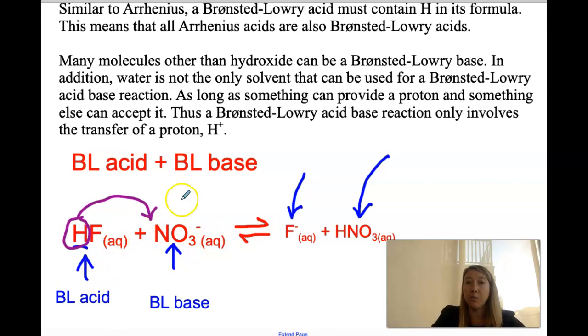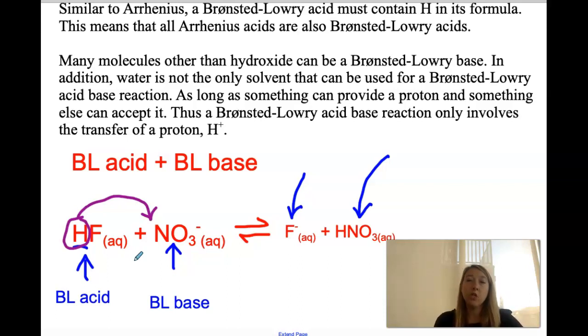How do I decide what to pair it up with? Either I pair the HF with the F, or I pair the HF with the HNO3. According to our definition of a conjugate species, it should relate to the original one, and the only difference should be that it's missing or has an extra hydrogen.